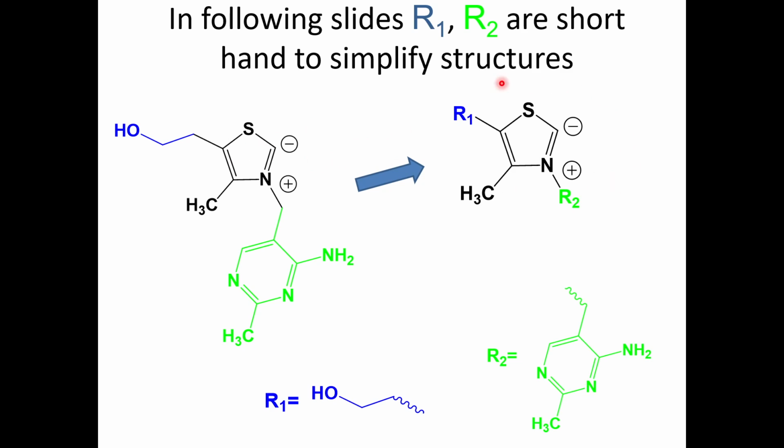We're going to treat it like that. In this case, they just summarize the molecule by replacing this part of the molecule by R1 and this part by R2. This way you can easily understand the mechanisms and work more easily with the scheme of the reaction.